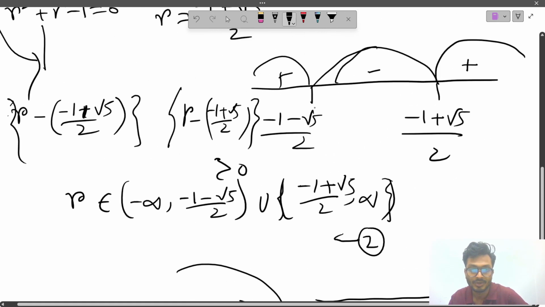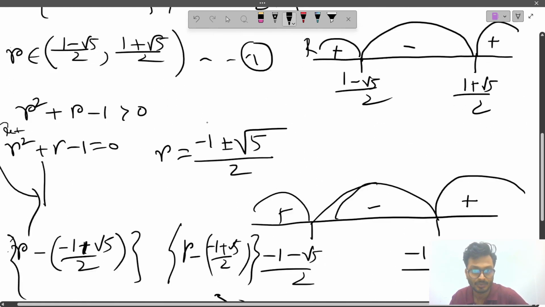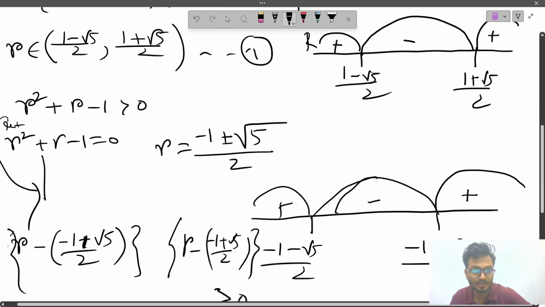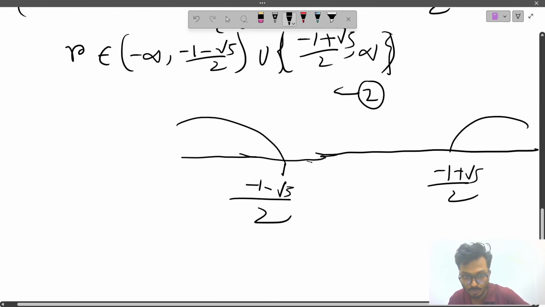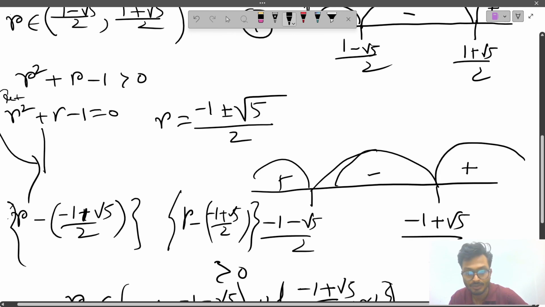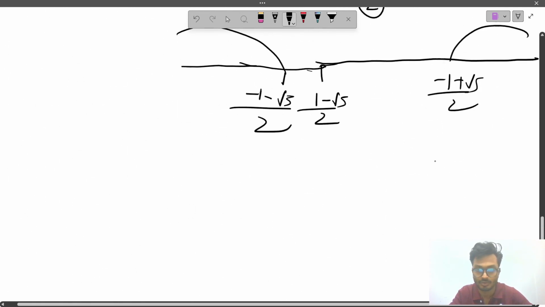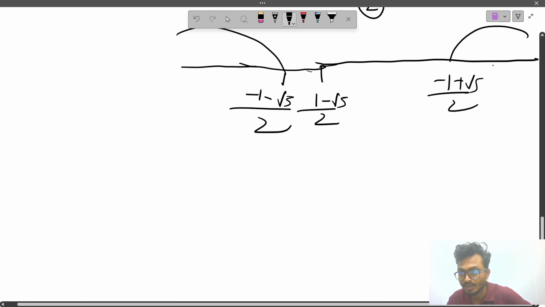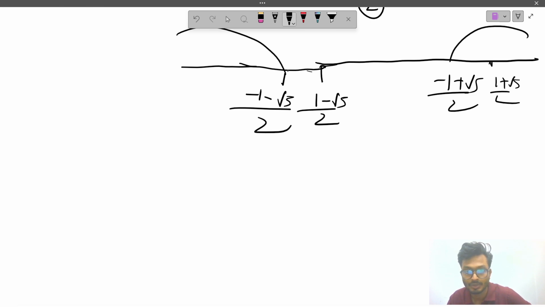Again, for the second case, suppose here (1 - √5)/2 and (1 + √5)/2. So this is (1 + √5)/2. In that case our region will be this.